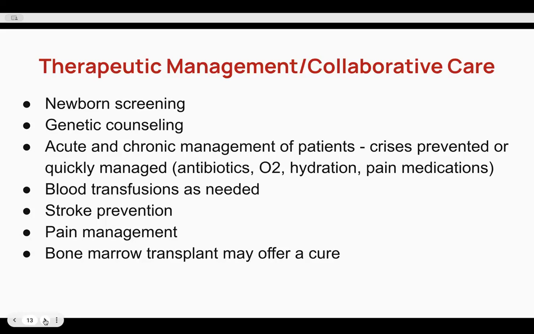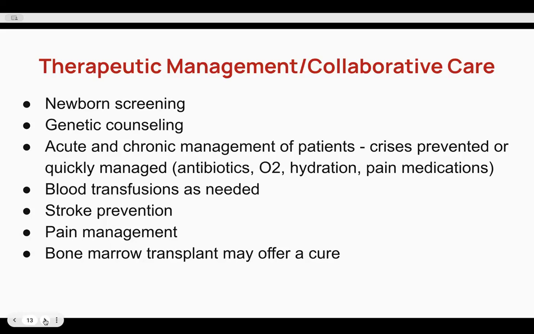Other factors that can affect adherence to treatment include the age of the child. If it's a child, their age makes a big difference. How long has it been since they've been diagnosed? Income level of the family can be a big factor. Some of these treatments can be expensive. Educational level of the parents is important.